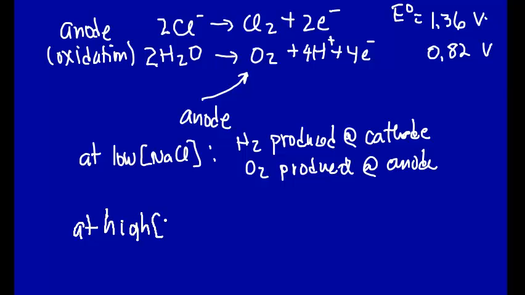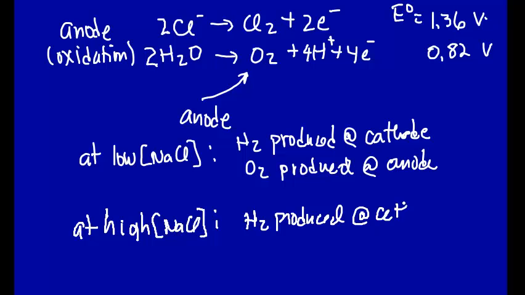At high concentration of sodium chloride, what you find is that, oh yeah, still H2 is produced at the cathode, but guess what? Cl2, chlorine gas, is produced at the anode.